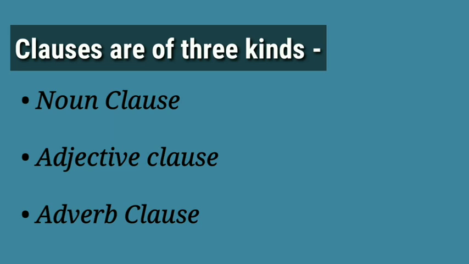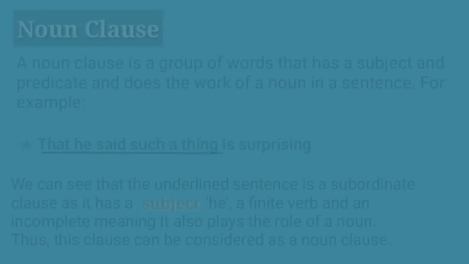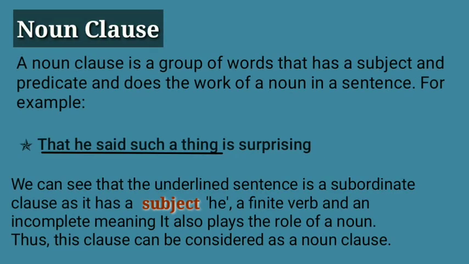Coming back to the kinds of clauses, the three kinds are noun clause, adjective clause, and adverb clause. The first one, noun clause. A noun clause is a group of words that has a subject and predicate and does the work of a noun in a sentence. For example, that he said such a thing is surprising.